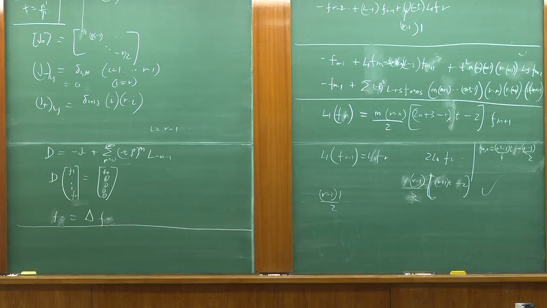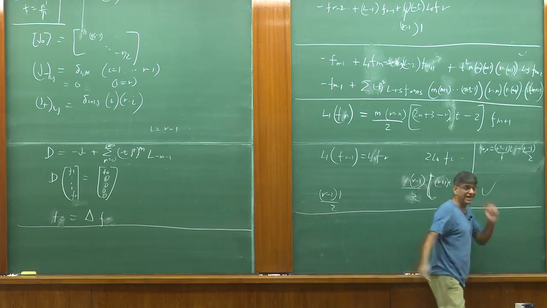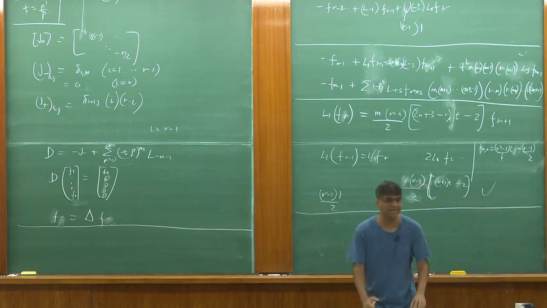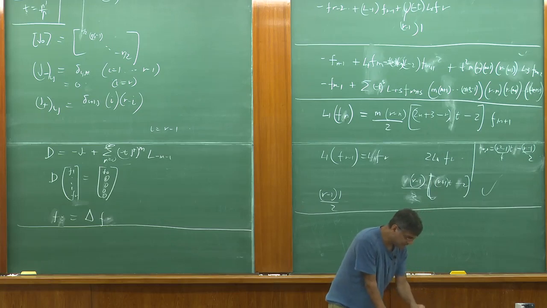Now, in order to check that it's a primary, we need to check not just that L0 annihilates it, but also that L1 annihilates it, and also that L2 annihilates it. Same strategy. I'll just write down the inductive relation that one can check.